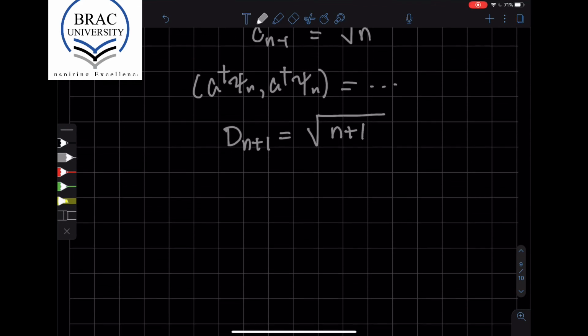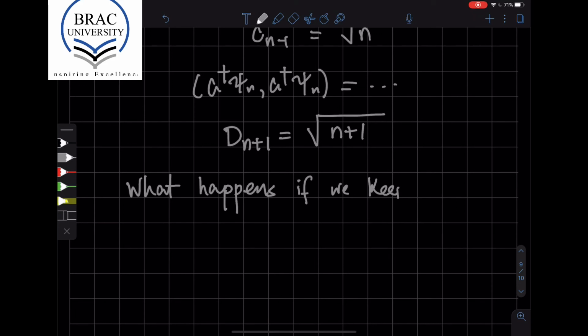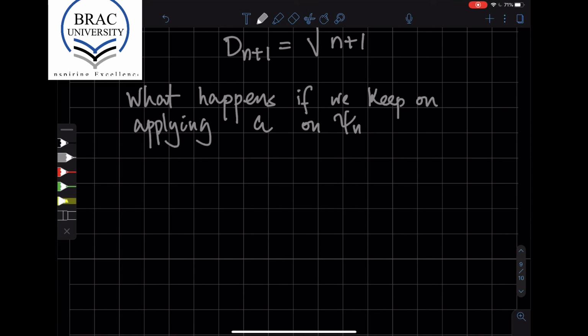So now we can ask, what happens if we keep on applying a on some state psi n? So let's see that. If I apply a once, I get square root n psi n minus 1.